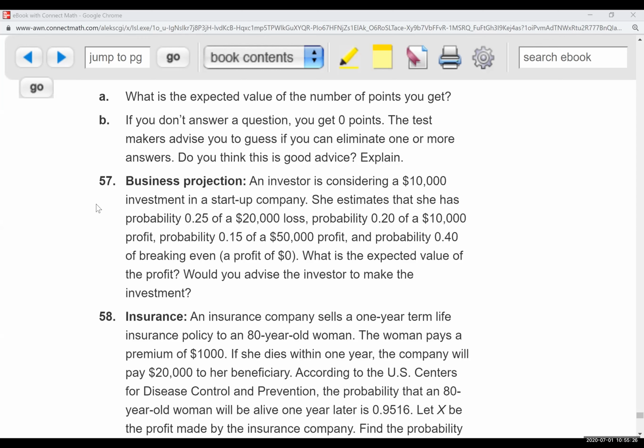She estimates that she has probability of 0.25 of a $20,000 loss, probability of 0.2 of a $10,000 profit, 0.15 of $50,000, and 0.4 of breaking even, meaning 0. Then compute the expected value.